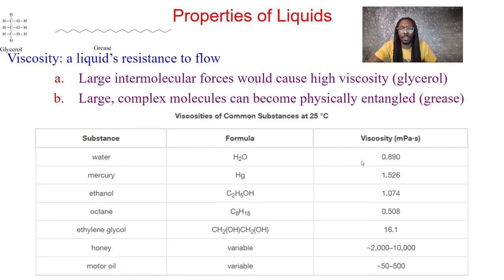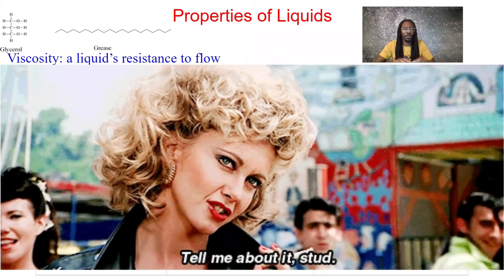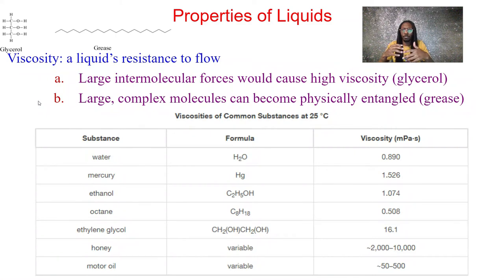We're going to see very, very low viscosity for water, 0.89, when comparing it to motor oil. But motor oil is a complex molecule, very similar to grease. The longer it is, the more complex it can be, therefore it can get entangled.